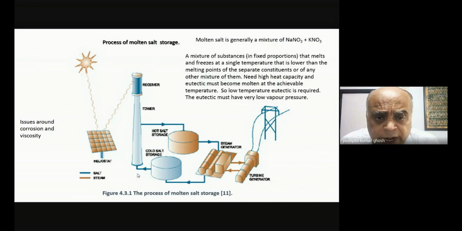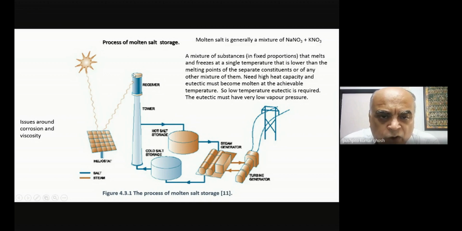For storage, what people are looking at is, you can see how the sun's radiation is falling. These are known as heliostats, a large number spread over God knows how many square meters of area, all focusing on this point.